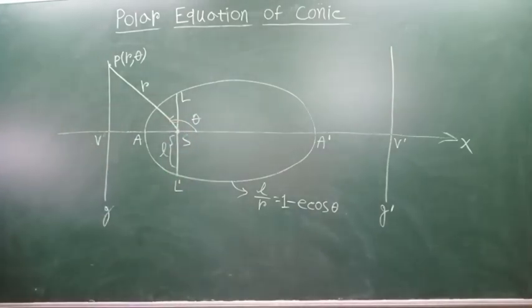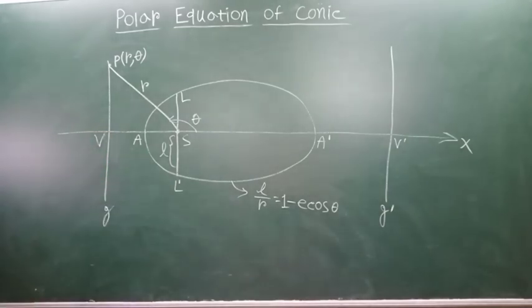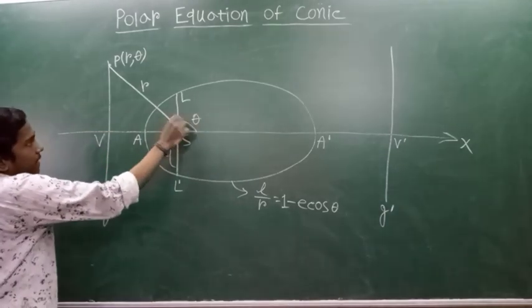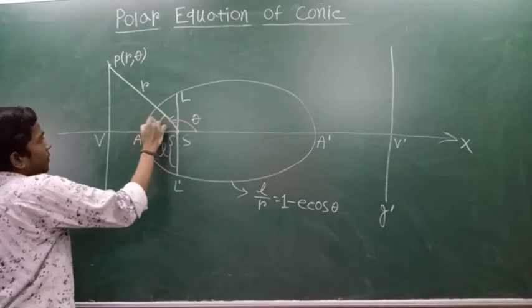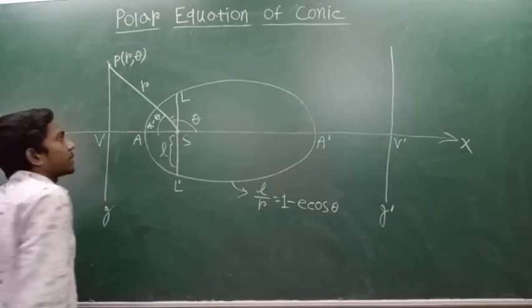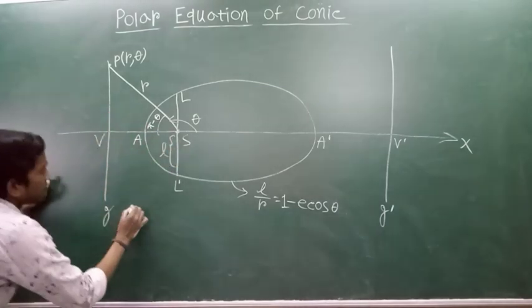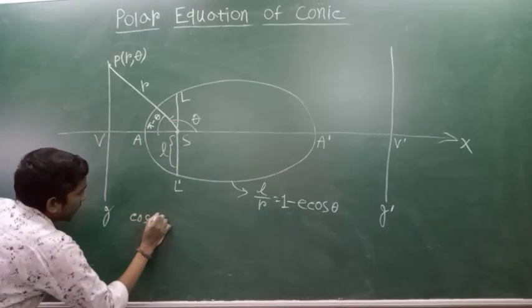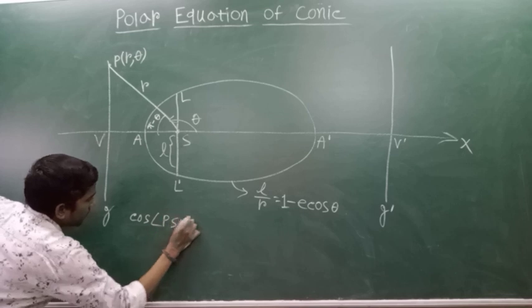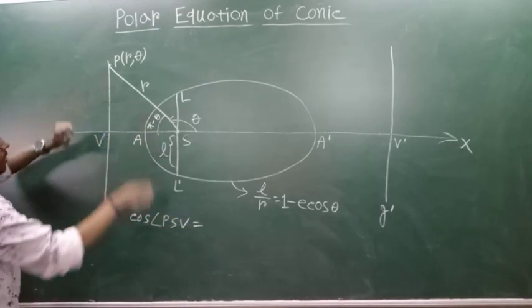Okay. Now, from the diagram, we can say this angle is theta, so this angle is pi minus theta. So we can say cos of angle P is V, cos of angle P is V is equal to base divided by hypotenuse.